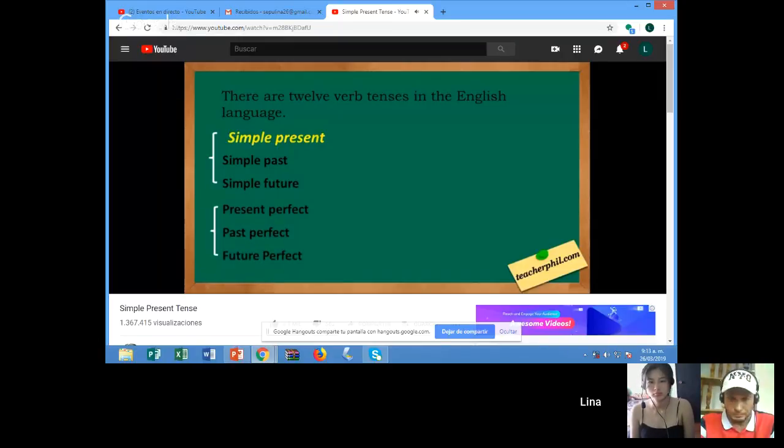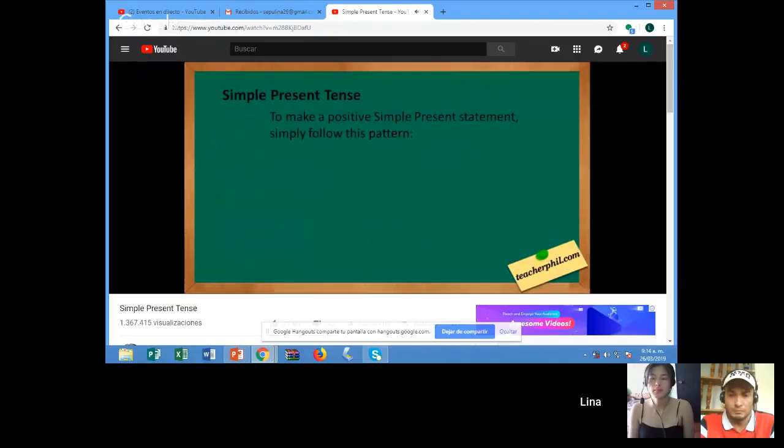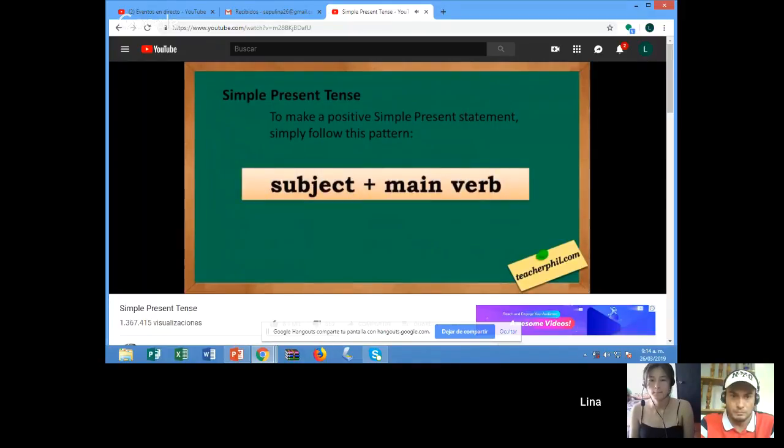For the progressive or continuous tenses, we have the present progressive, past progressive, and future progressive. And lastly, for the perfect progressive tenses, we have the present perfect progressive, past perfect progressive, and future perfect progressive. This lesson will talk about simple present tense. To make a positive simple present statement, simply follow this pattern. Subject plus main verb.